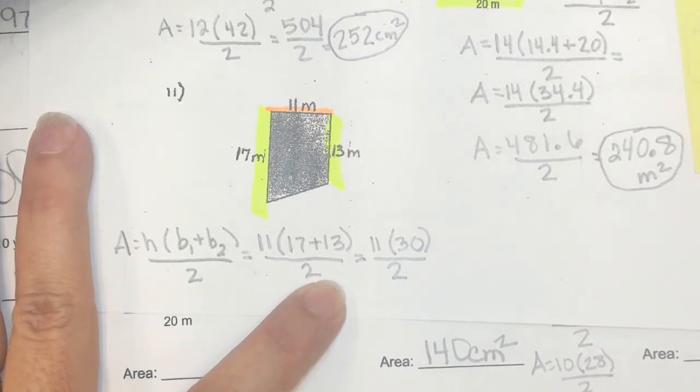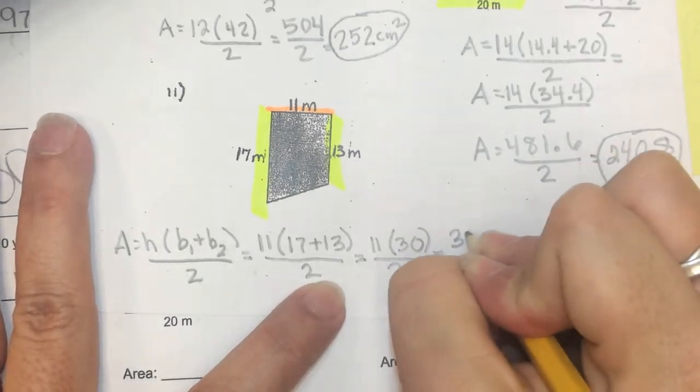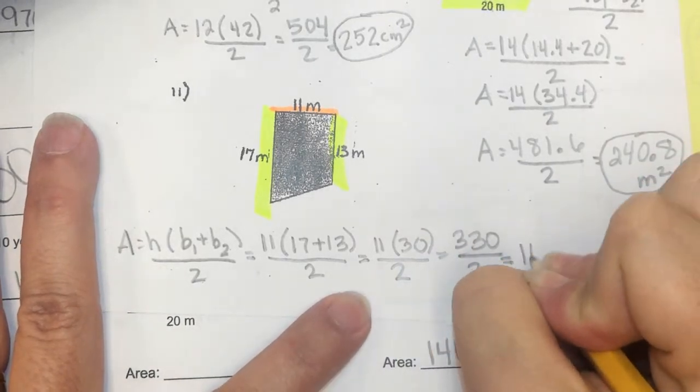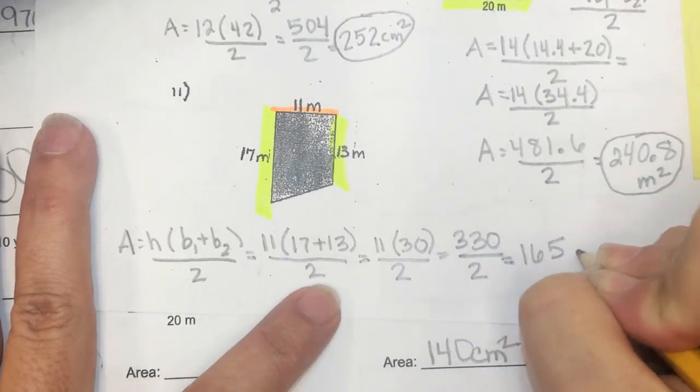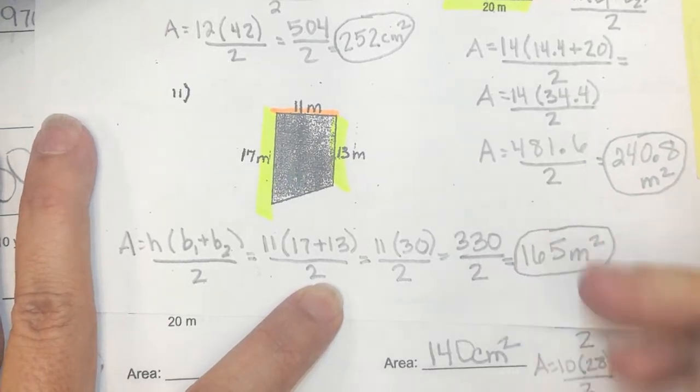So I got 30 times 11 is 330, divided by 2 is 165. Good. Yeah, meters squared.